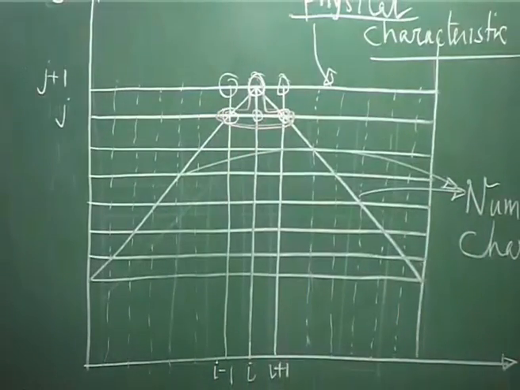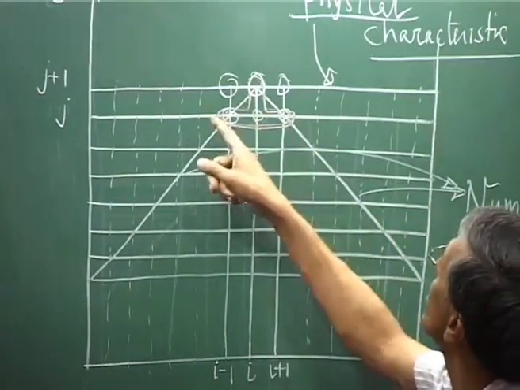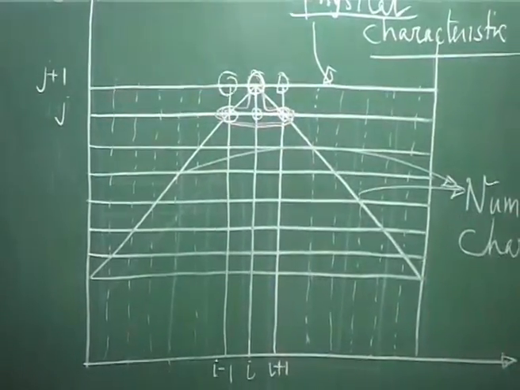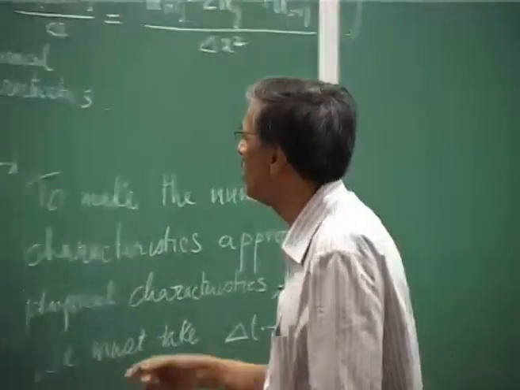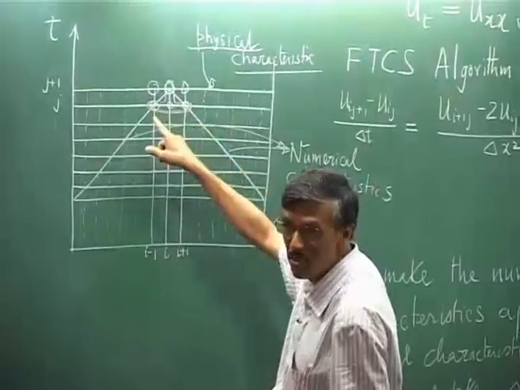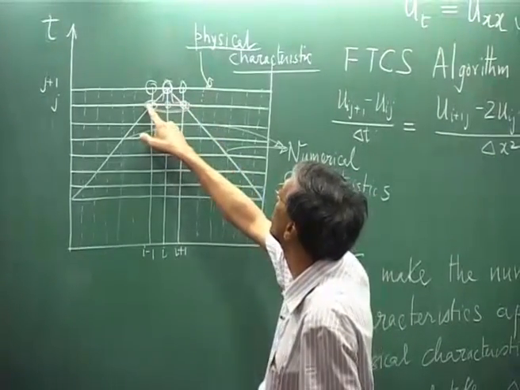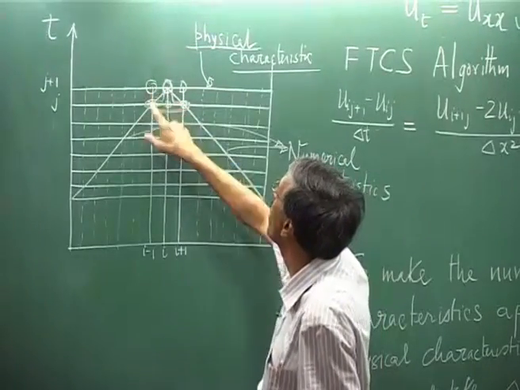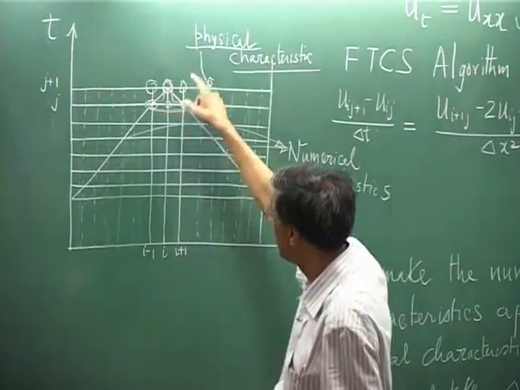So instead of having a computational molecule involving 4 points, we now have it in terms of 6 points. And instead of taking the value which defines the molecule at these 3 points, we are taking some kind of a weighted average between this point and that point, and this point and that, and this.